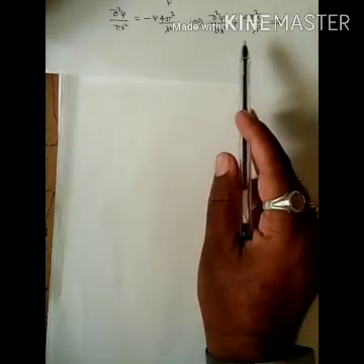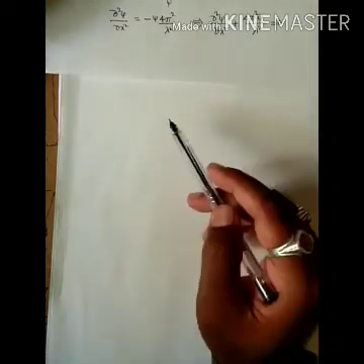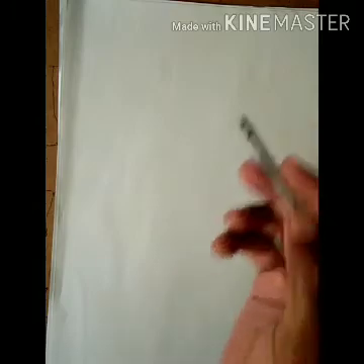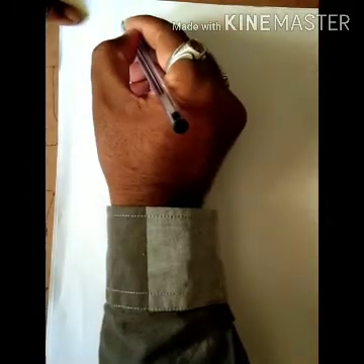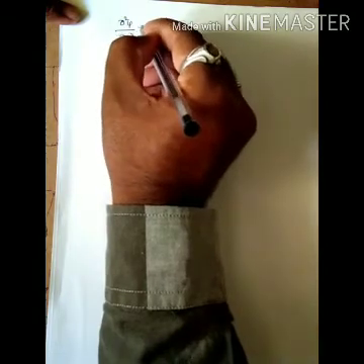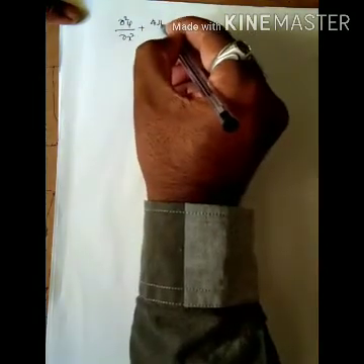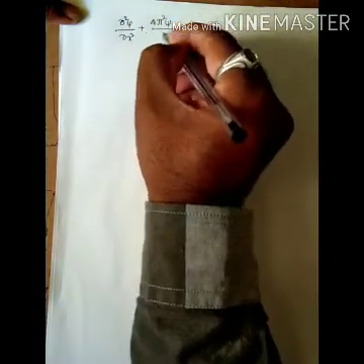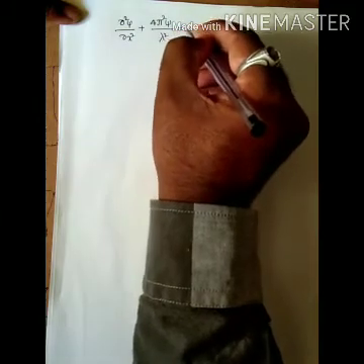So the equation is dou square psi by dou x square plus 4 pi square psi by lambda square equals 0.